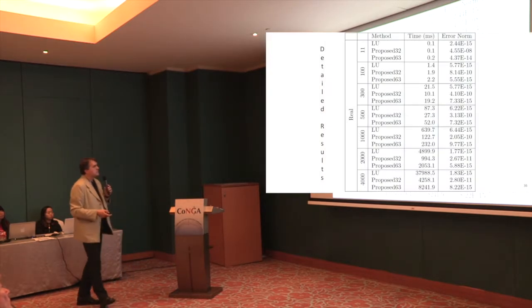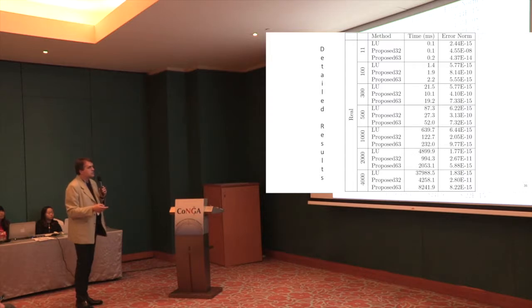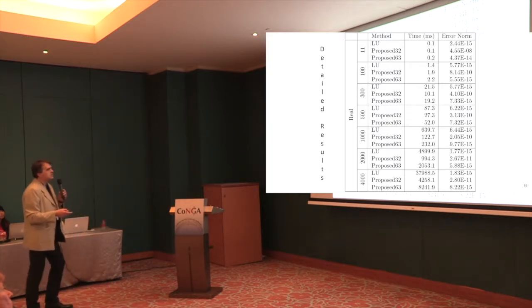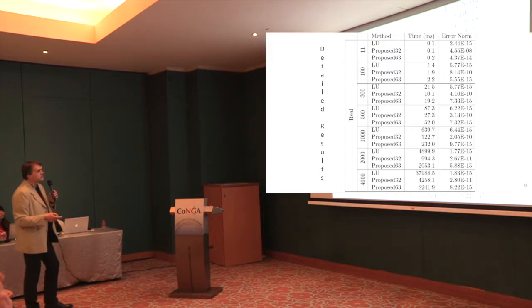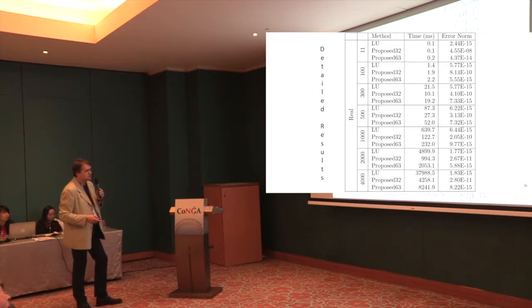So here is the specific set of data in comparison with the LU decomposition method. You can see that the precision, measured in the classical error norm, taking into account the second largest eigenvalue of the matrix, satisfies these restrictions. At size 300, we already beat this with completely similar error metrics, and when we go to a reasonably large size, like 4,000, the ratio is massively in our favor.